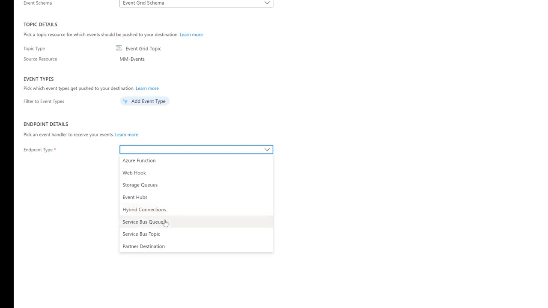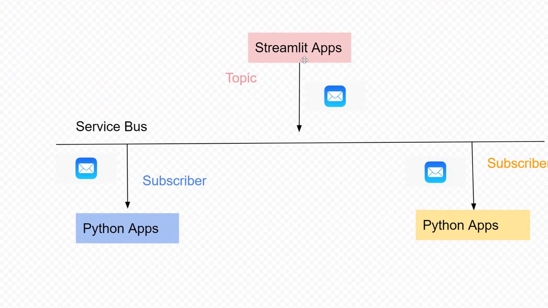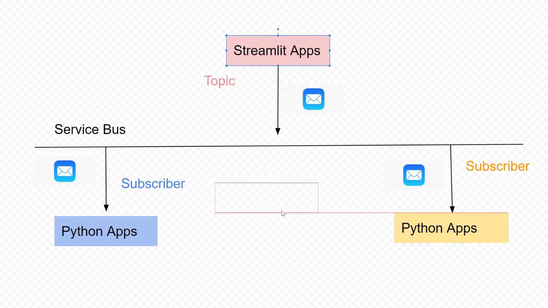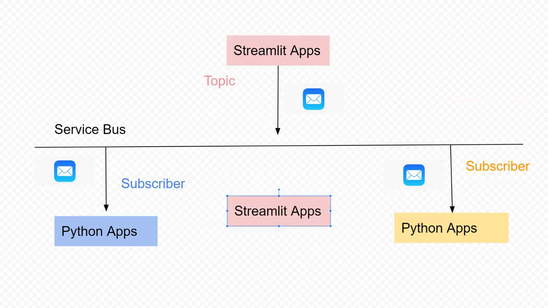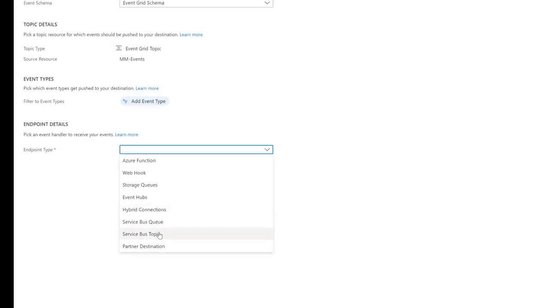And of course, then you have Service Bus Queue and the Service Bus Topic. So when we say Service Bus Queue and Topic, you can chain the topics after topic. The chaining means this scenario where we have this topic and then it sends to another topic. So that's where we will use this Service Bus Topic.